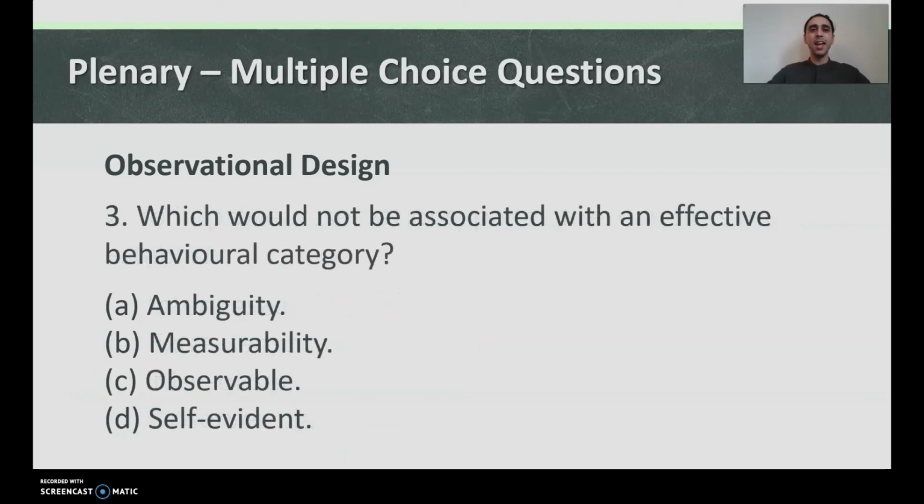Good. Number 3. Which would not be associated with an effective behavioural category? A, ambiguity, B, measurability, C, observable, or D, self-evident? We had a look at those just a second ago. Which one? Ambiguity.